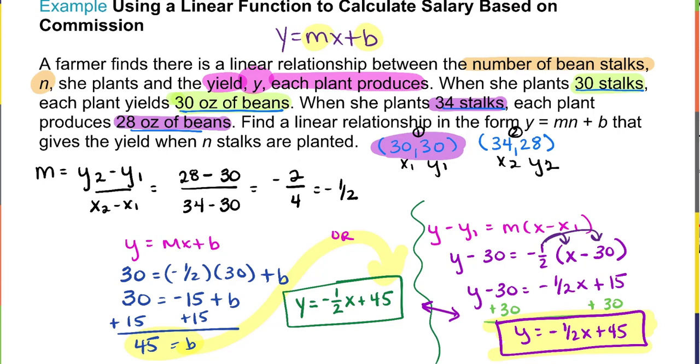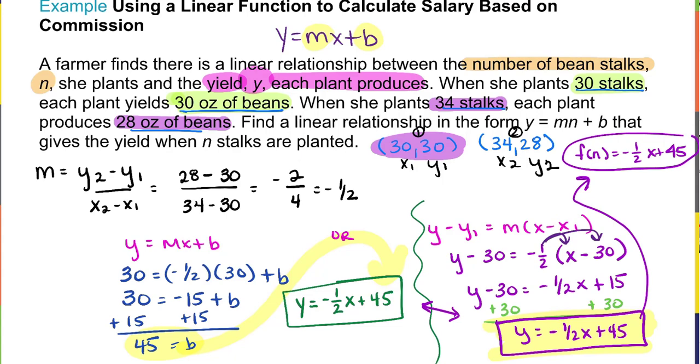Now, I would most likely rewrite this in function notation. So f of n equals negative 1/2 x plus 45, because ultimately they asked for when it yielded in stalk. Oh, and sorry, that shouldn't say x, should it? Let's erase that x.